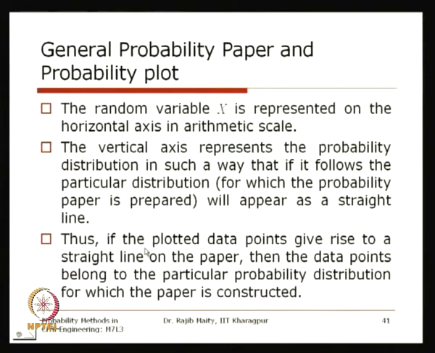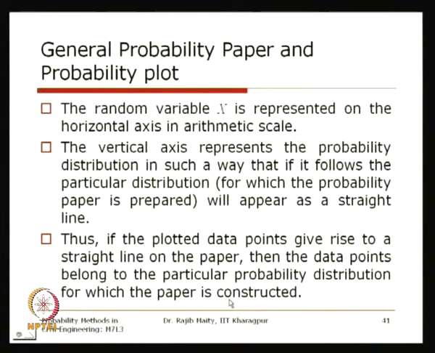Thus, if the plotted data points give rise to a straight line on the paper, then the data points belong to the particular probability distribution for which the paper is constructed.